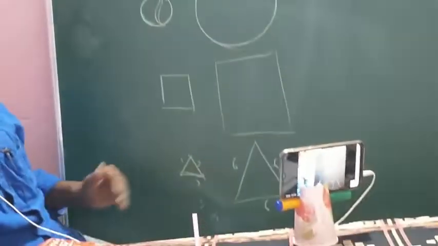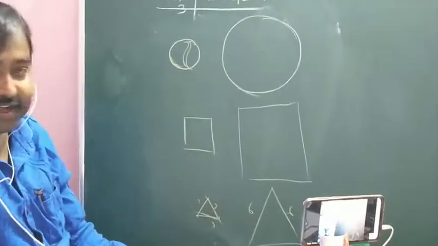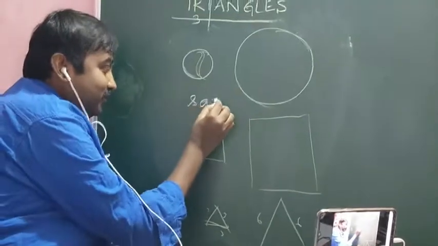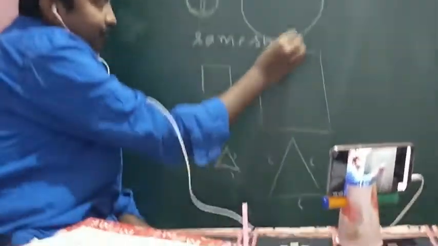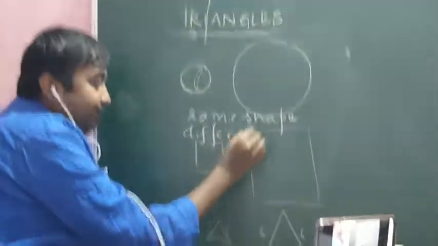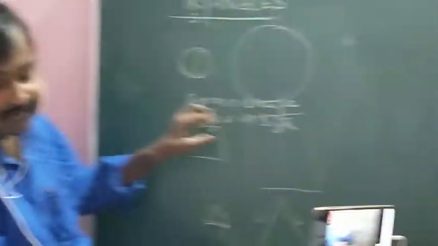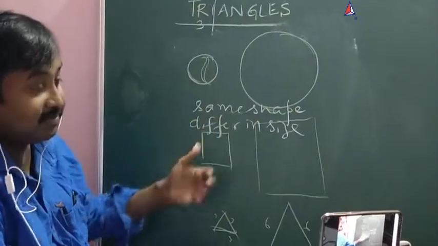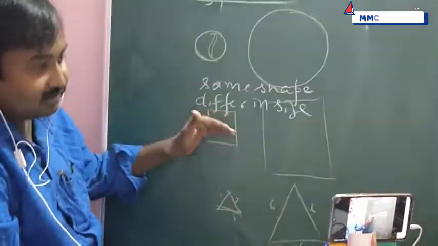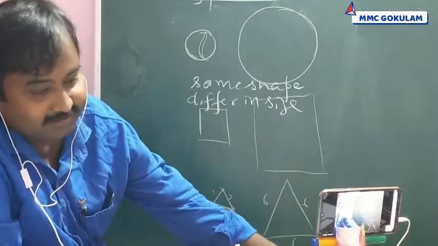So what do you observe here? These shapes are the same, they have the same shape, but the differing size. So two geometrical plane figures or polygons having same shape but different in their size.